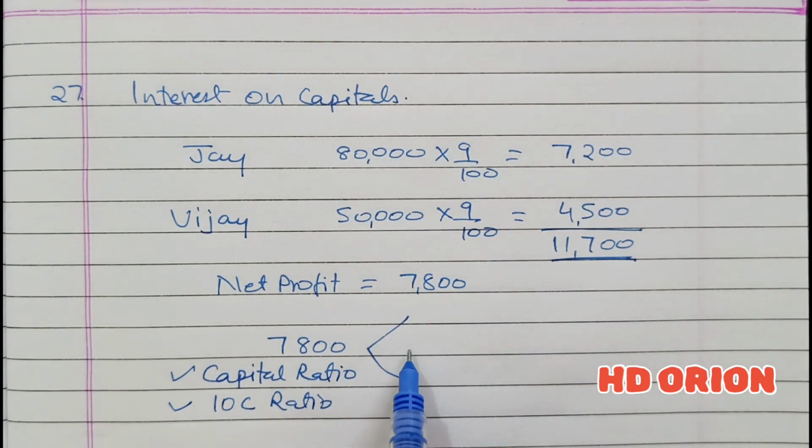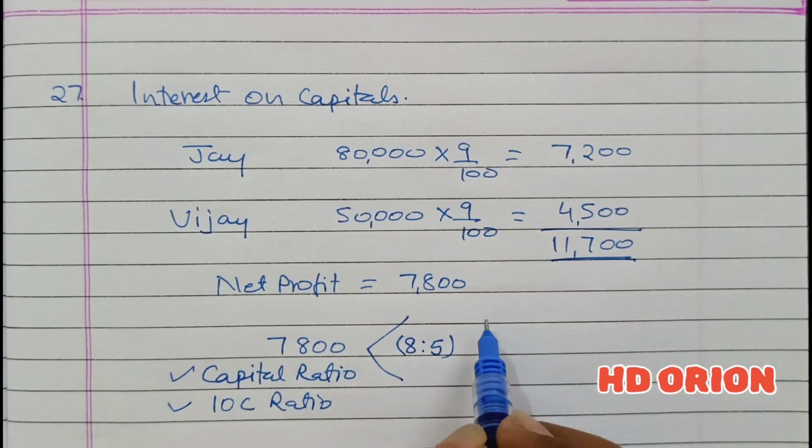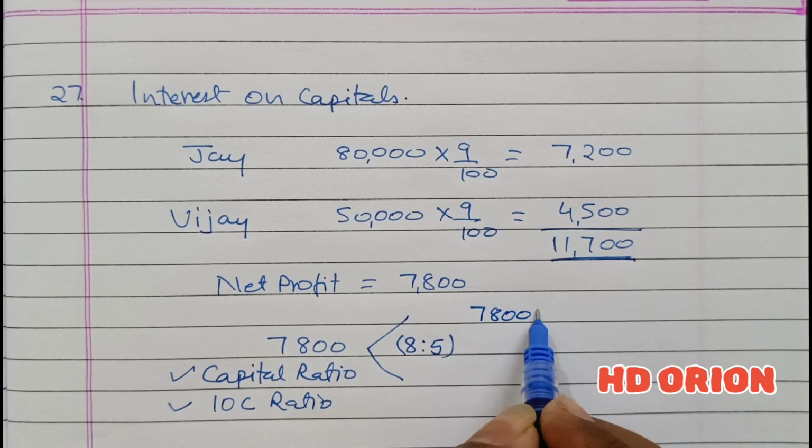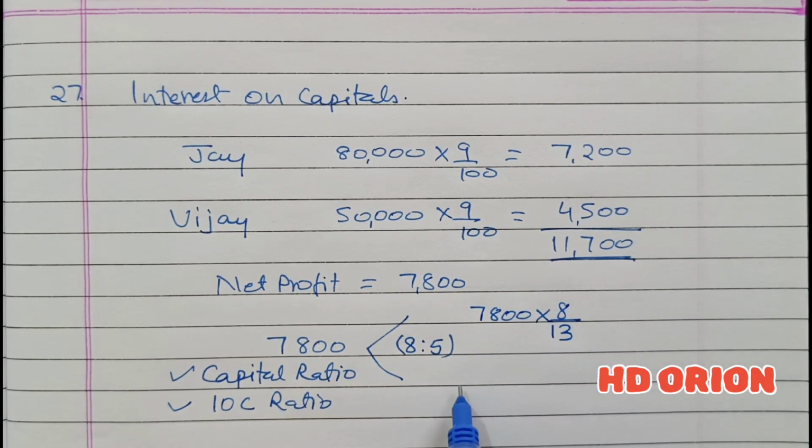What is the capital ratio here? It is 80,000 is to 50,000. So capital ratio is 8:5. So we can break this entire net profit 7,800 in the ratio 8:5. So 7,800 into 8 divided by 8 plus 5, which is 13. Again 7,800 for the second partner, it will be 5 by 13.